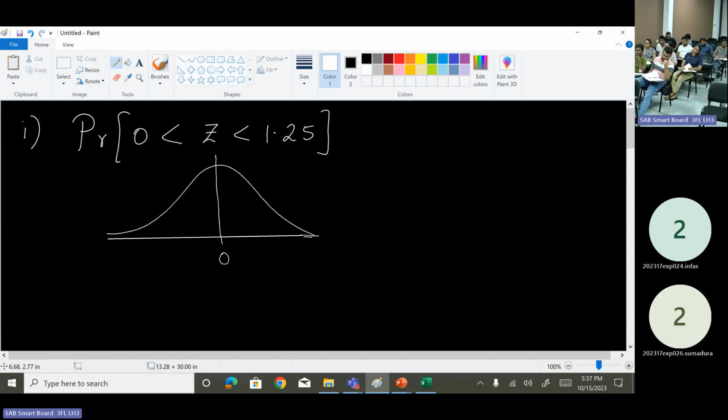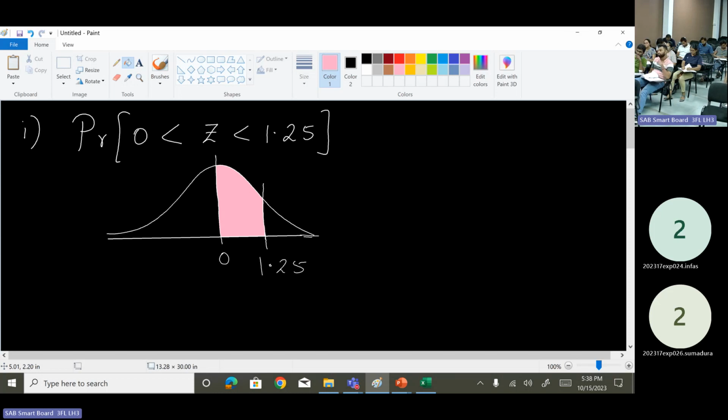Positive values are on this side, negative values on the other side. This is positive 1.25, so maybe somewhere there. Now which area is wanted? Above 0, below 1.25. So we want this region.